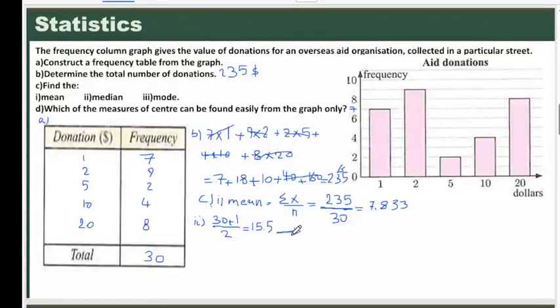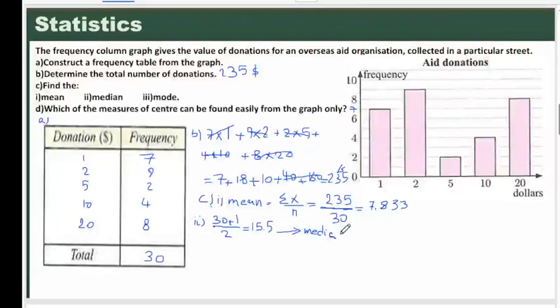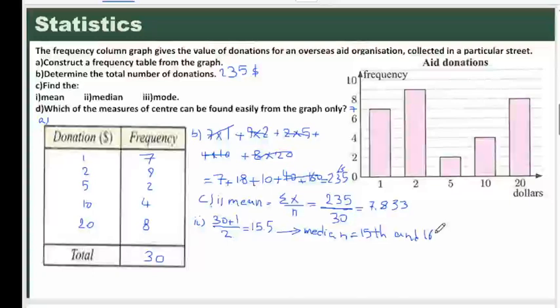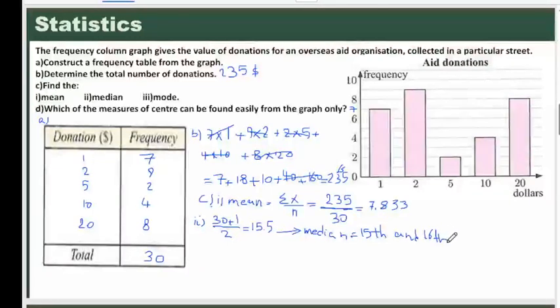So I can say median equals the average of the 15th and 16th value.